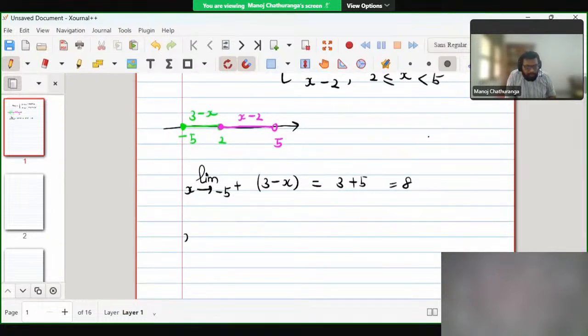So let's go to 2 from the right-hand side. Take a point near 2 but bigger than 2 because we are looking at the right limit. So to the right of 2, the function is defined by this rule, x minus 2.